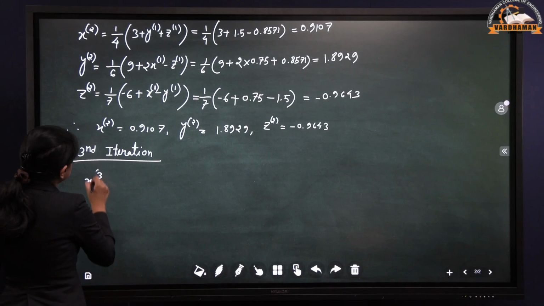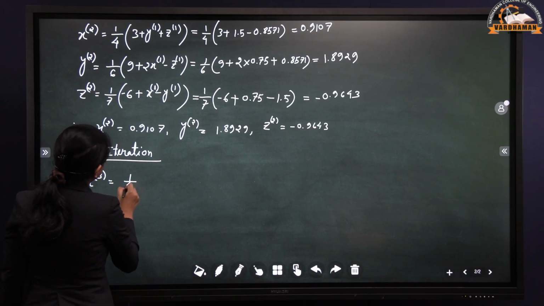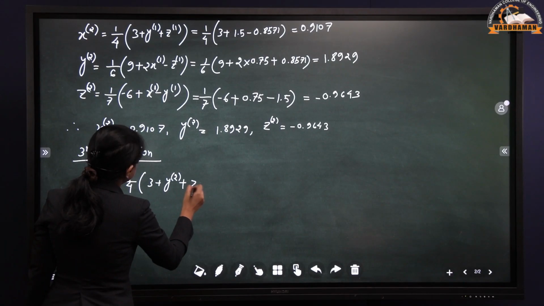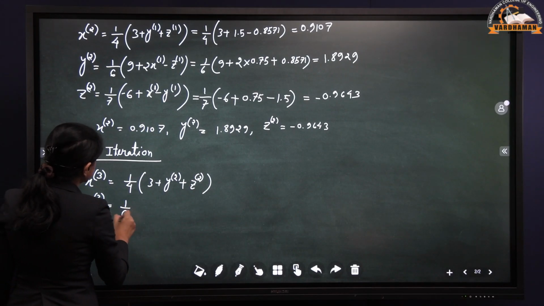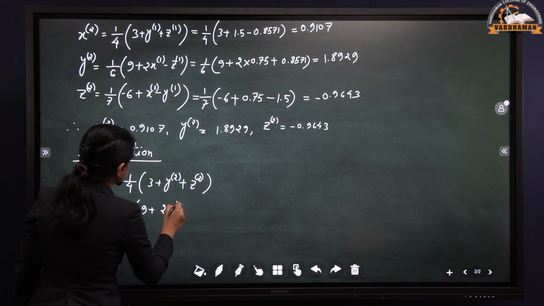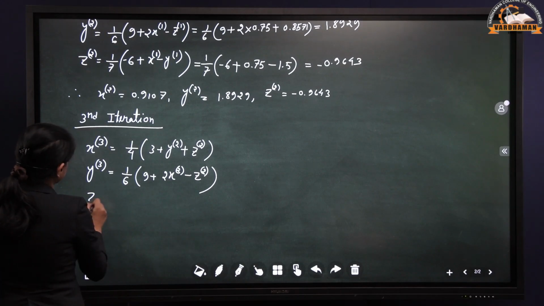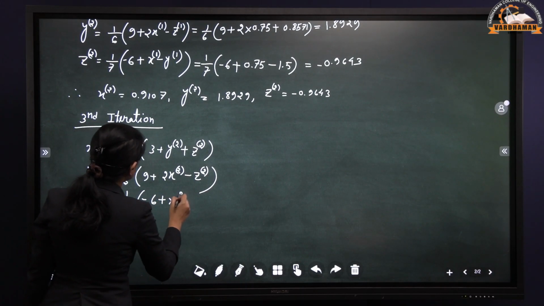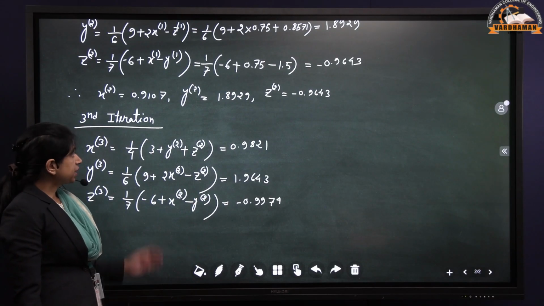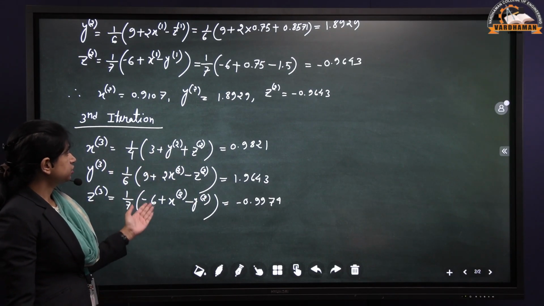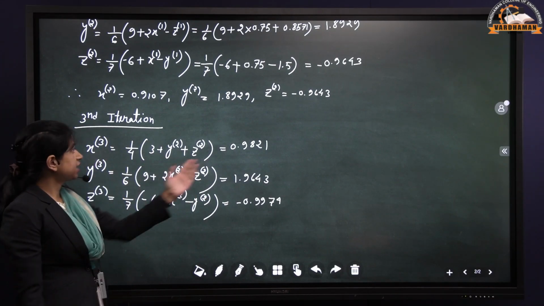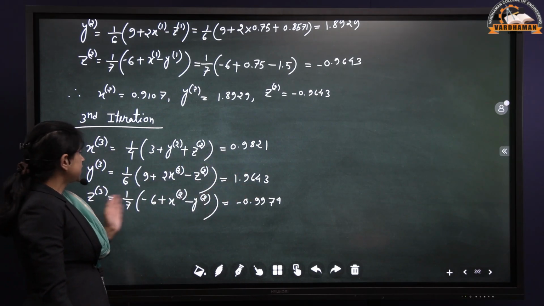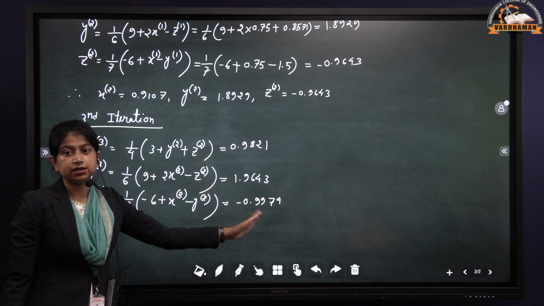Therefore x3 will be equal to 1 by 4 times (3 plus y2 plus z2), y3 is 1 by 6 times (9 plus 2x2 minus z2), and z3 is 1 by 7 times (minus 6 plus x2 minus y2). If you calculate these values, we will get x3 as 0.9821, y3 as 1.9643 and z3 as minus 0.9974.